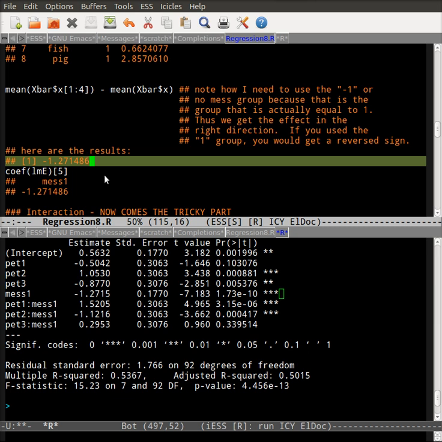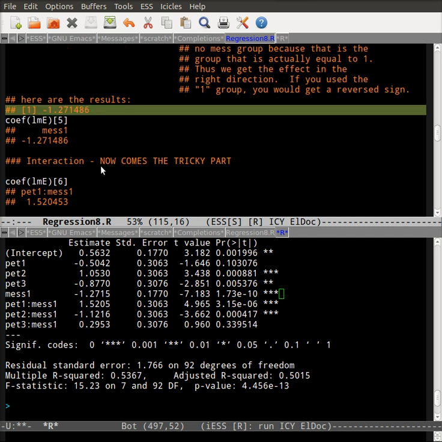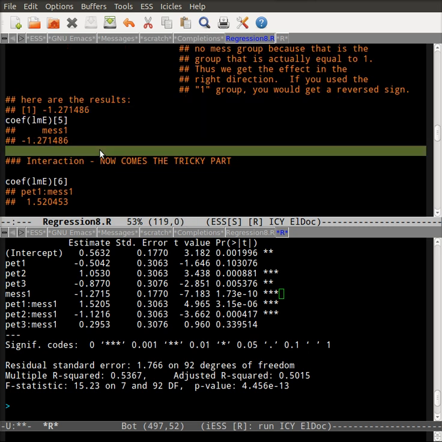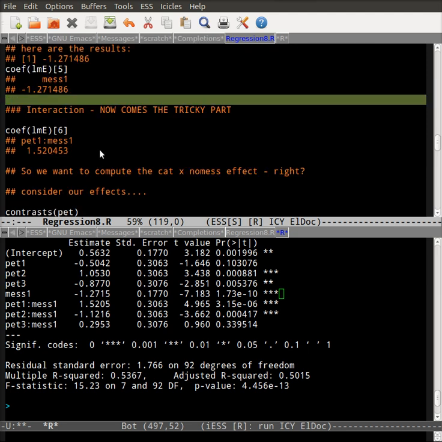So the no mess group, pets that make no mess, will be on average 1.3 points of happiness below the grand mean. So no mess will make happiness lower. All right.